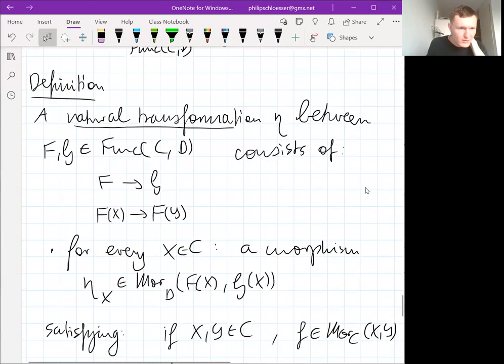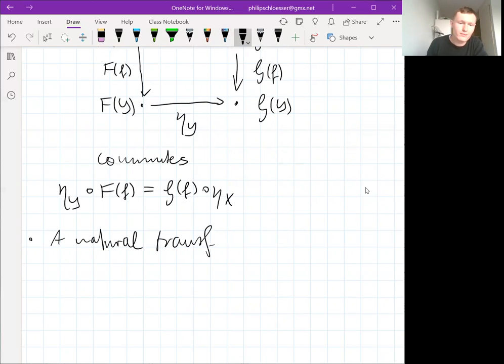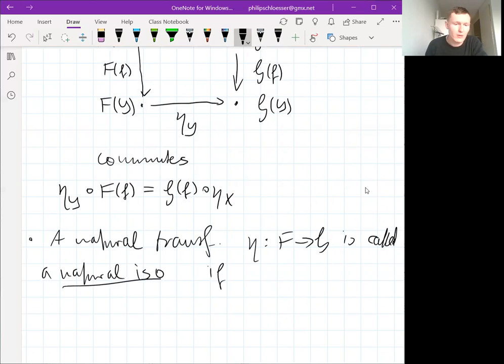And I guess an important thing, such a thing, eta from F to G, is called a natural isomorphism if, well, it is an isomorphism.